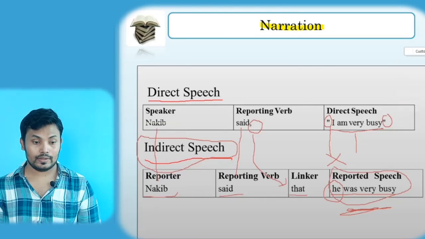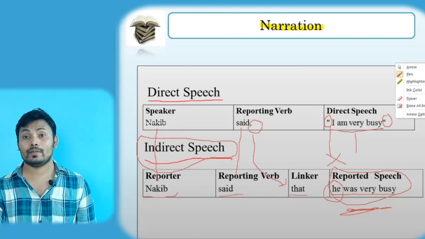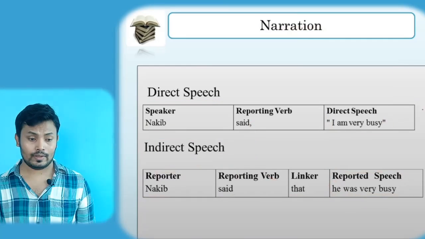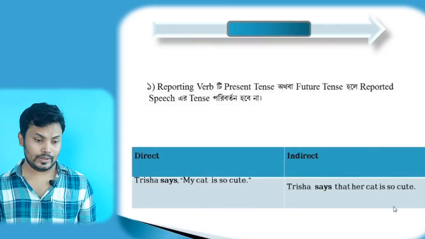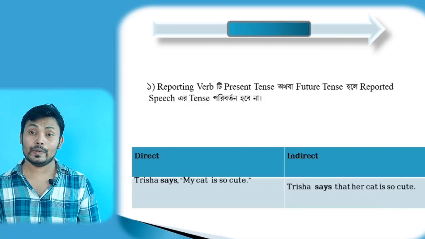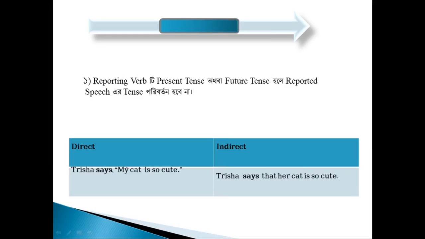Okay, in our second slide, first of all we have to say that if the reporting verb in our direct speech is in past form, then of course we have to change the direct speech.